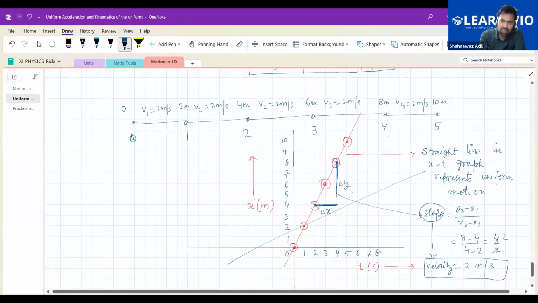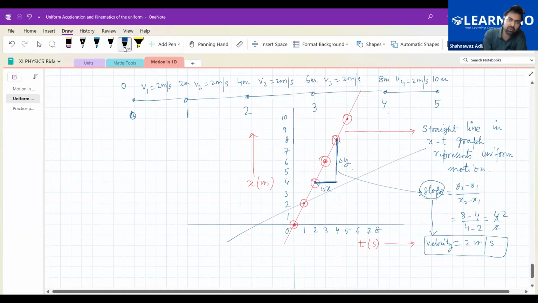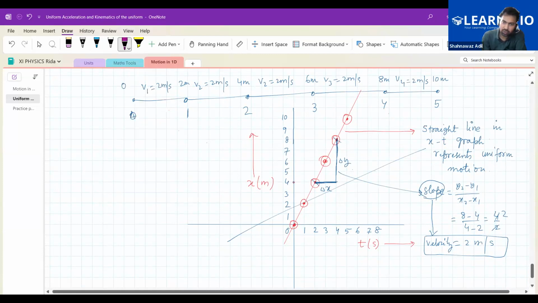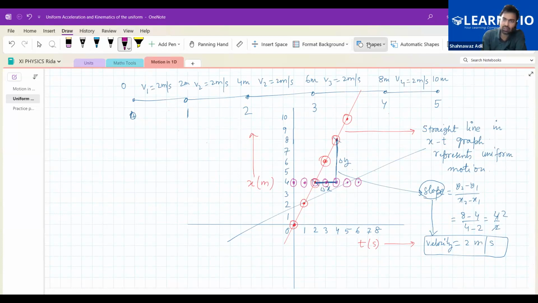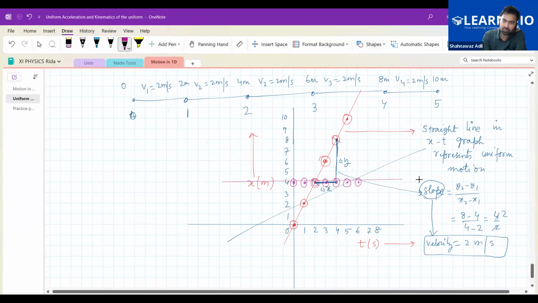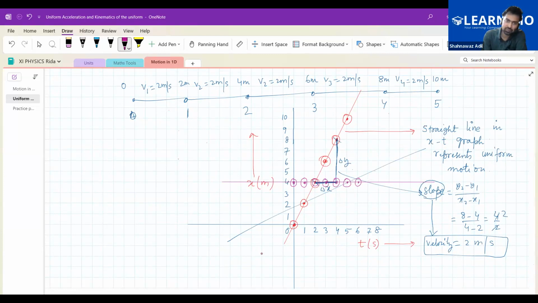The data points would be like this: 4, 4, 4, 4, 4, 4, 4. This is the line that I'm getting. Clear? Yes, sir.